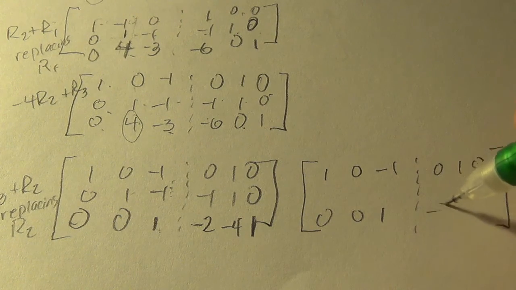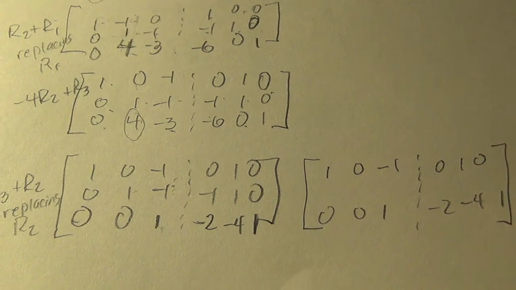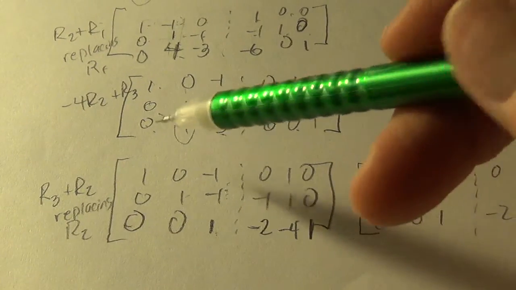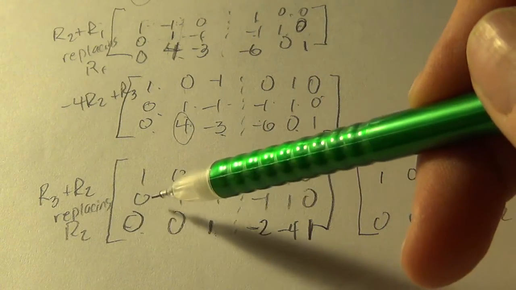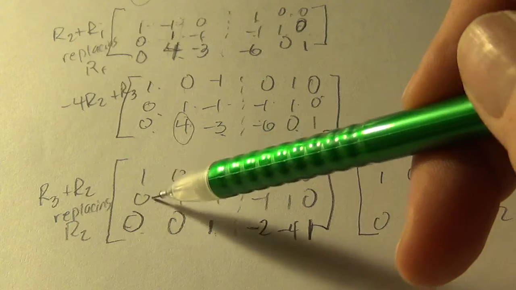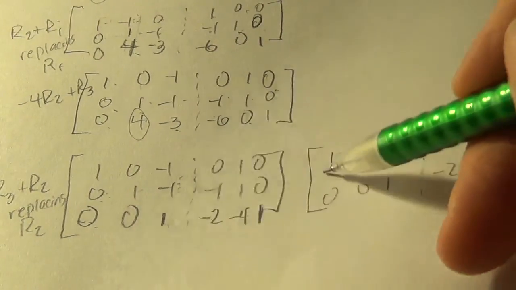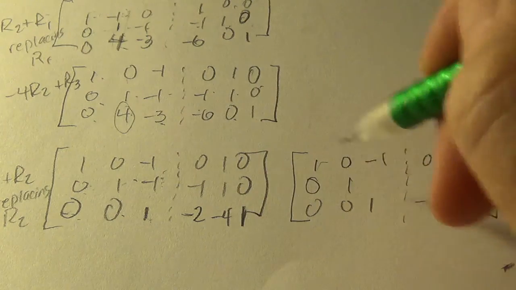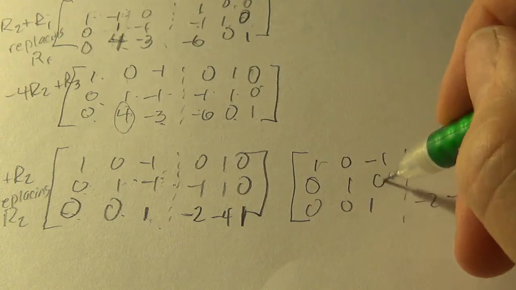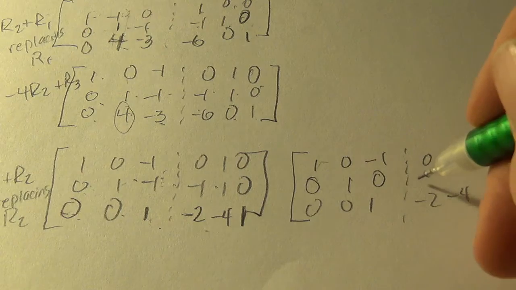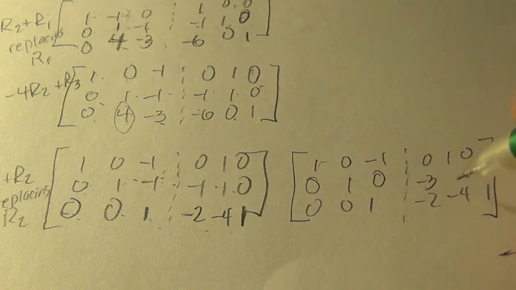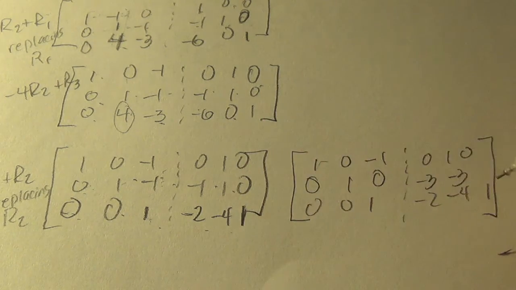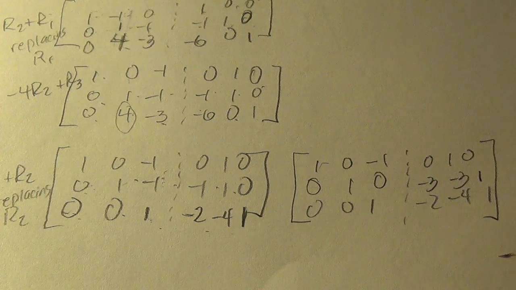I'm going to add row 3 and row 2, replacing row 2. 0 plus 0, 0. 0 plus 1, 1 plus -1, -3, -3, and a 1. Okay.